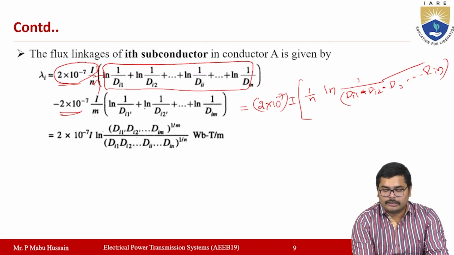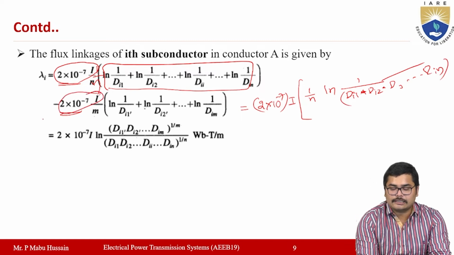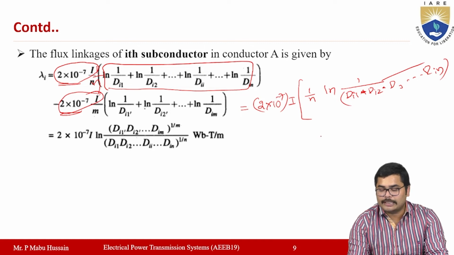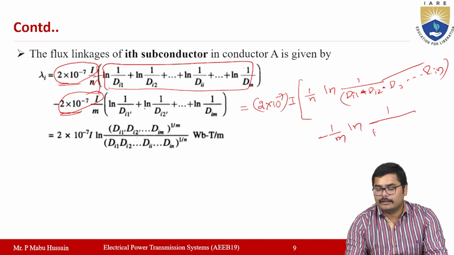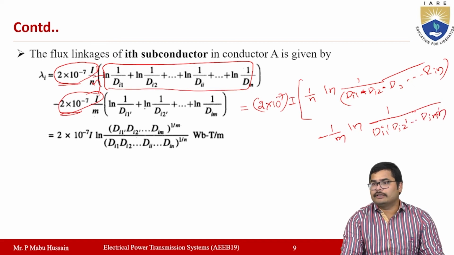Similarly here, if you take this as common, then 1 by m into ln 1 by di1 dash, di2 dash and so on up to dim you will have.